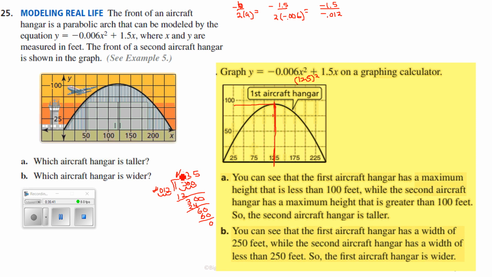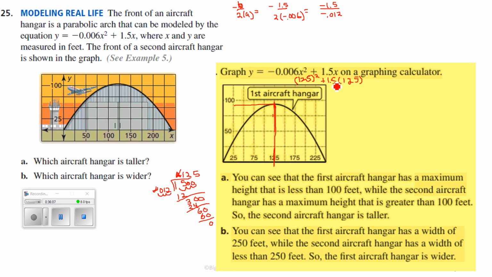So this would have been a positive. So then you would have added 1.5 times 125. And when you did that, you would have gotten something probably close to 90. I'm not quite sure what it is, but I'm fairly certain it's close to it.